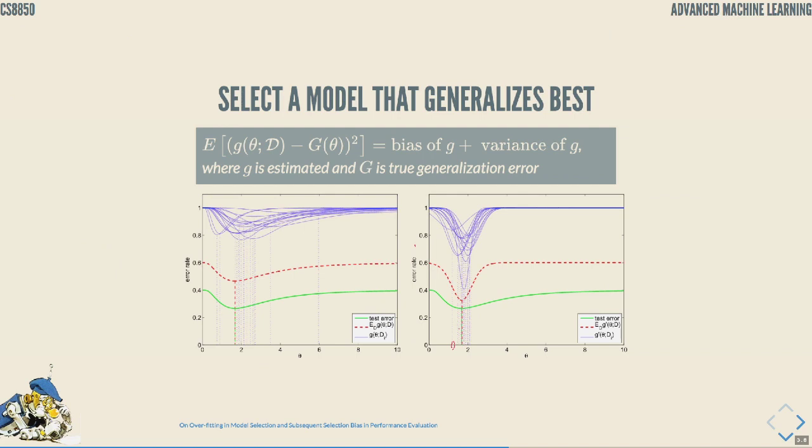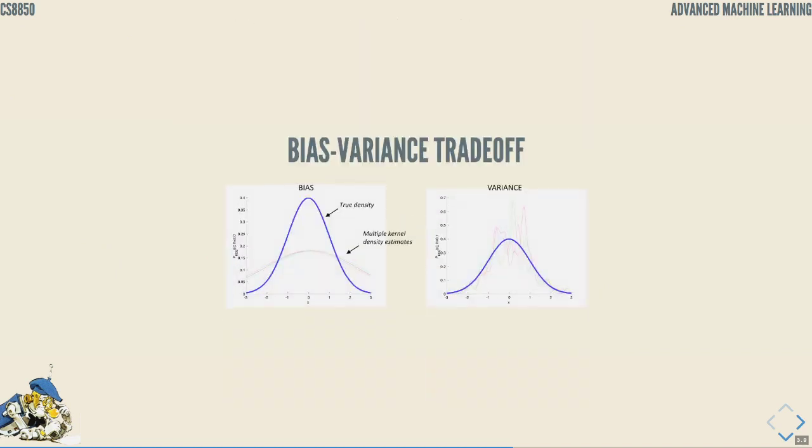And again, just to bring those points home about bias-variance trade-off and our kernel density estimator: remember, the bias is when our estimator is wrong. We wanted to estimate this blue line, but we're way off.